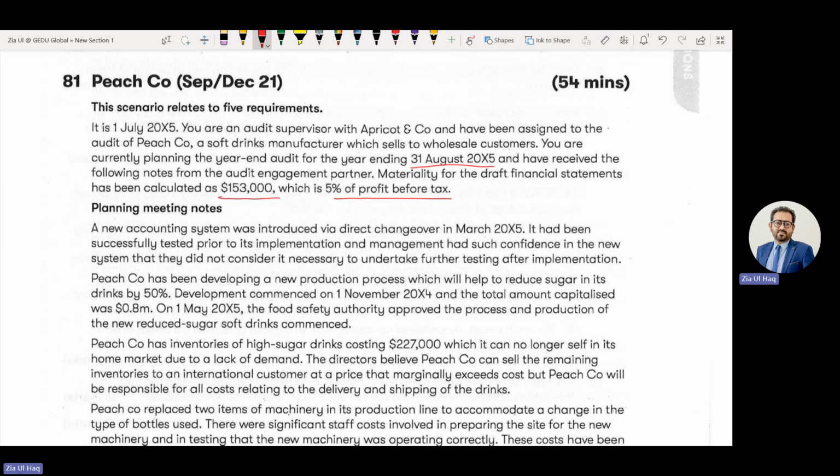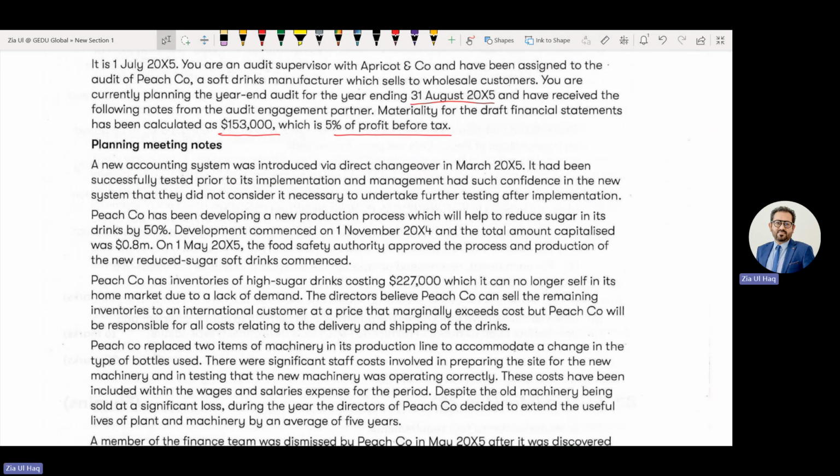Planning meeting notes. A new accounting system was introduced via direct changeover in March 20x5. It has been successfully tested prior to its implementation, and management had such confidence in the new system that they did not consider it necessary to undertake further testing after implementation.